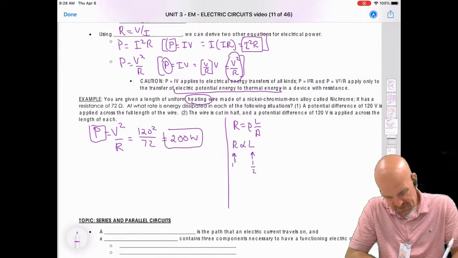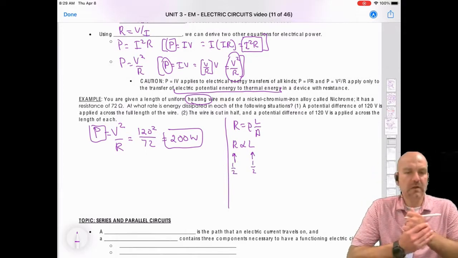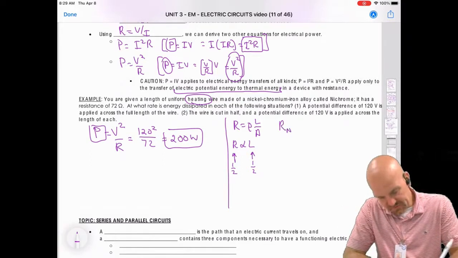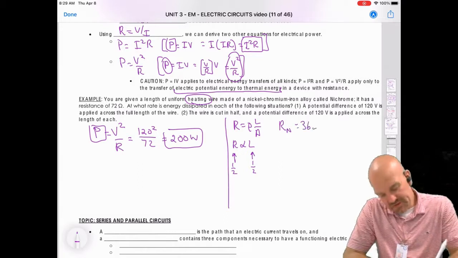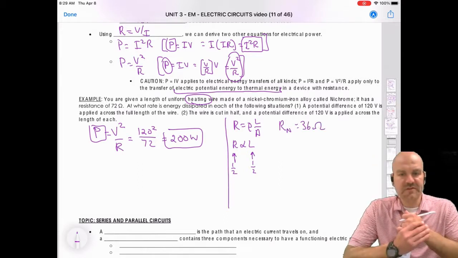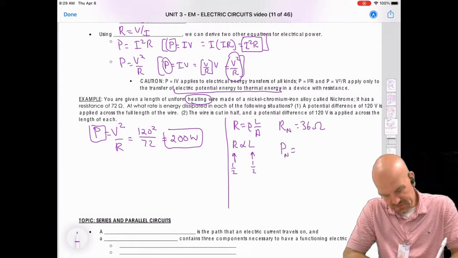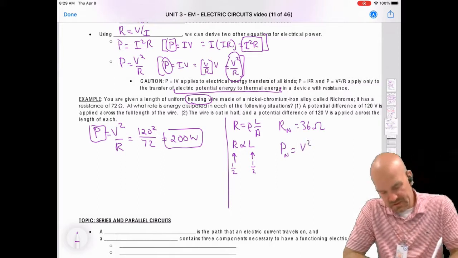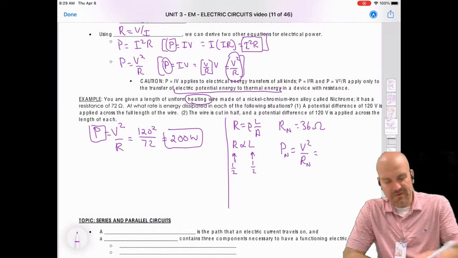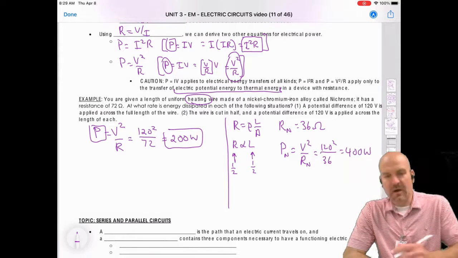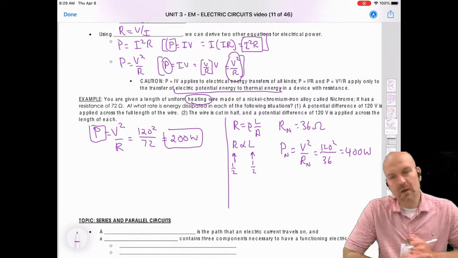In each wire, the new resistance, R new, is half of the original, so it's 36 ohms. I have the same potential difference, so my new power dissipated is V squared over my new resistance: 120 squared over 36, which is 400 watts, or 400 joules transferred per second.